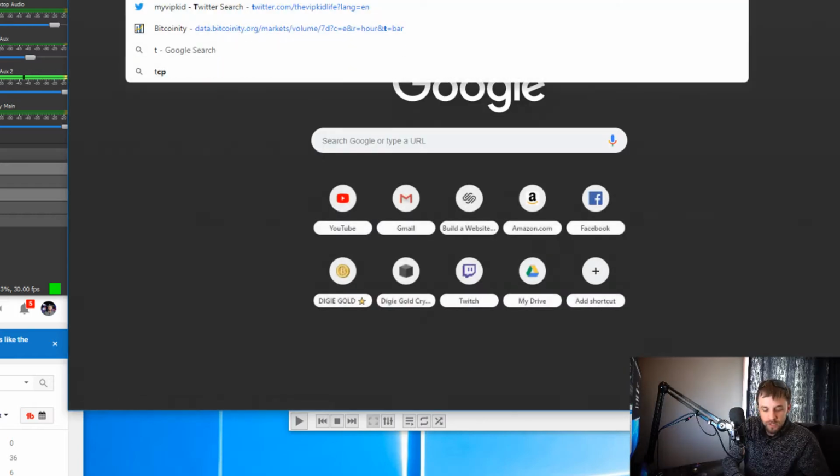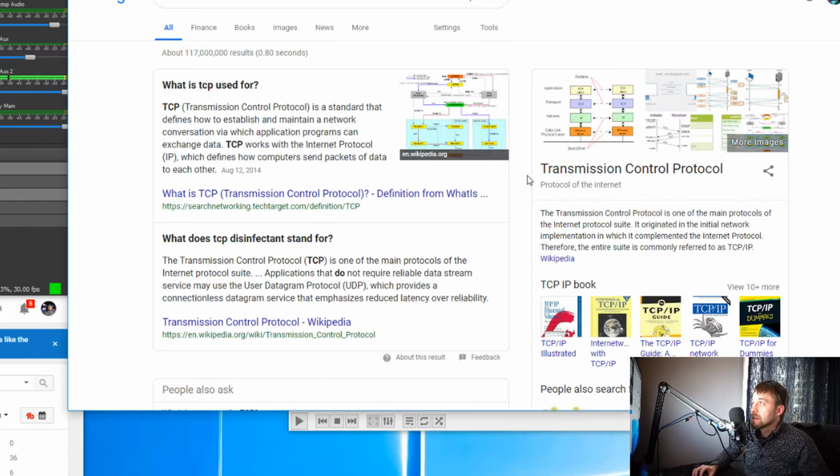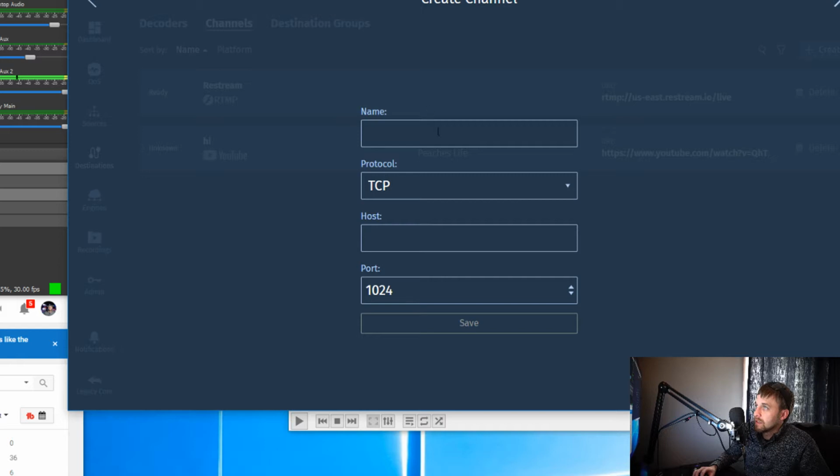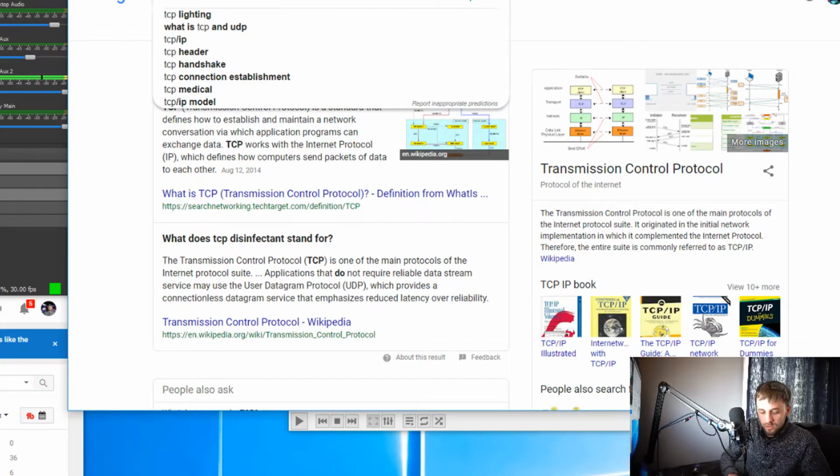So if I do TCP, transmission control protocol, I don't know what this stuff is. Basically I need to find a way to TCP it to my home server. What do I set up as the host? I know what the port is. I don't know what the host should be. And then there's UDP.